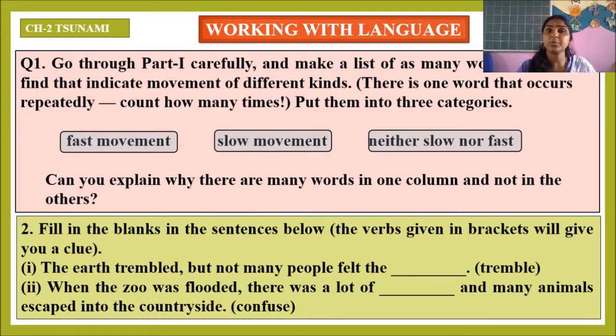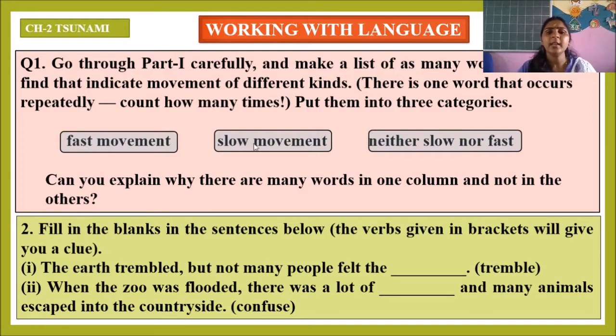Tsunami means a fast movement of waves, right? So under fast movement you can write the tsunami. And the other thing is the waves washed away. If people are getting washed away by the water, it means the waves are really very fast. So that also comes under fast movement.